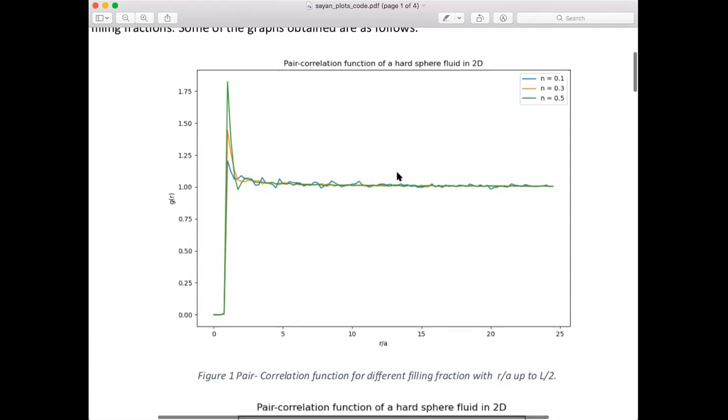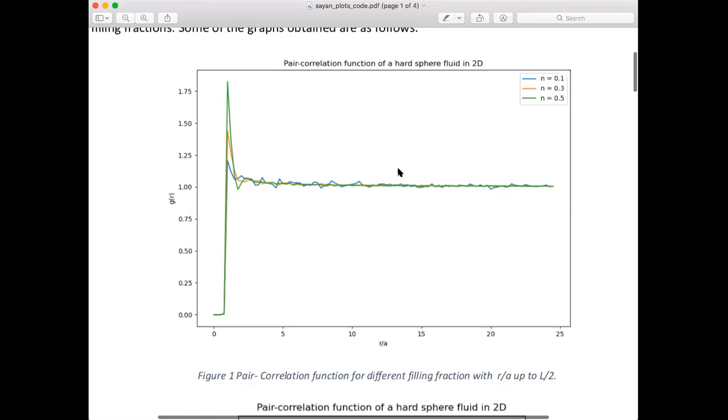There's only a peak about r equals 0, and that is expected because even if the filling fraction is large, there is a high chance that near any atom there is another atom. And if you try to normalize it with 2 pi r, you should get a peak.